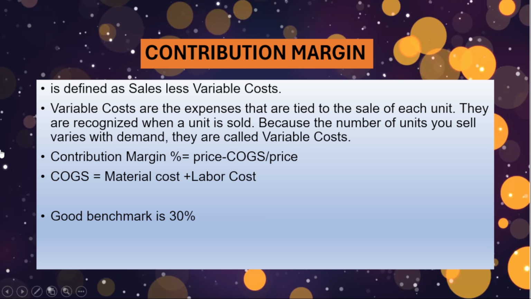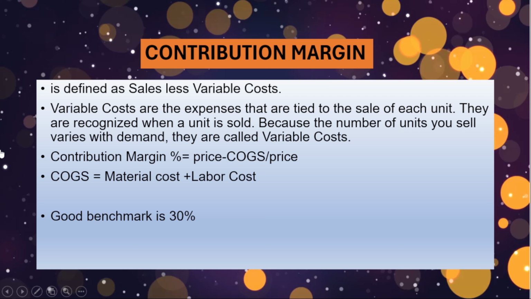So the first one is, what is contribution margin? First things first, let's understand what contribution margin is. In CapSim, it's defined as sales minus variable costs. Variable costs are expenses directly tied to the sale of each unit, like material cost and labor cost.